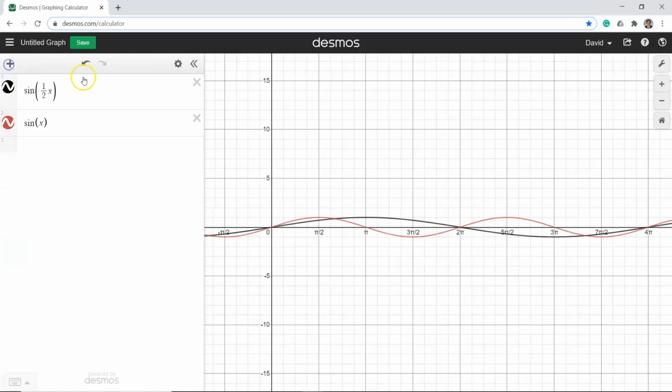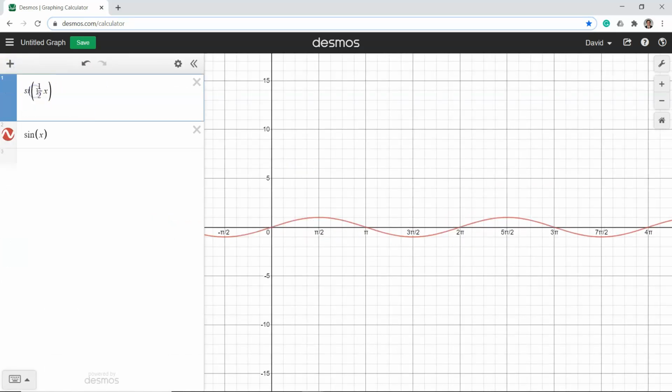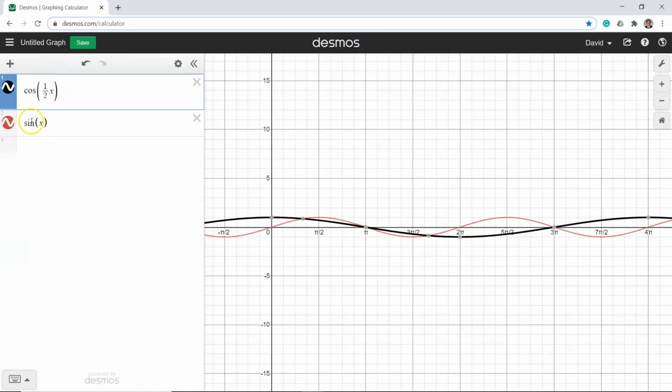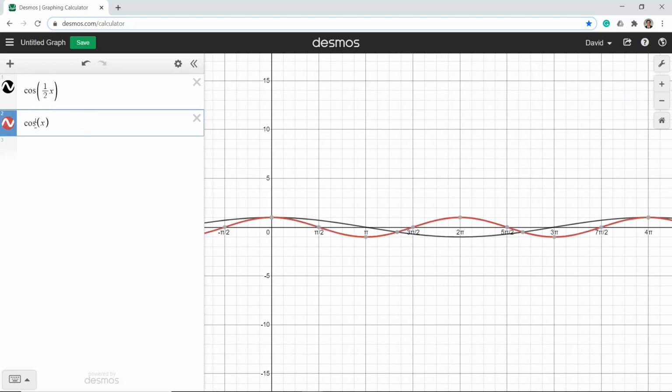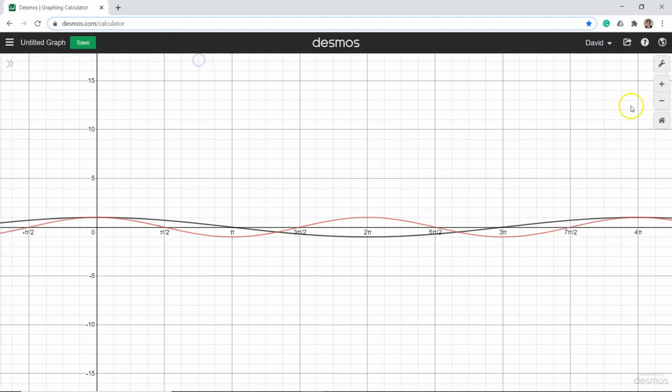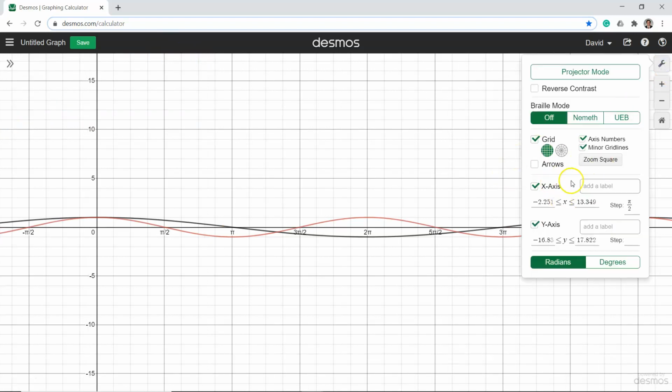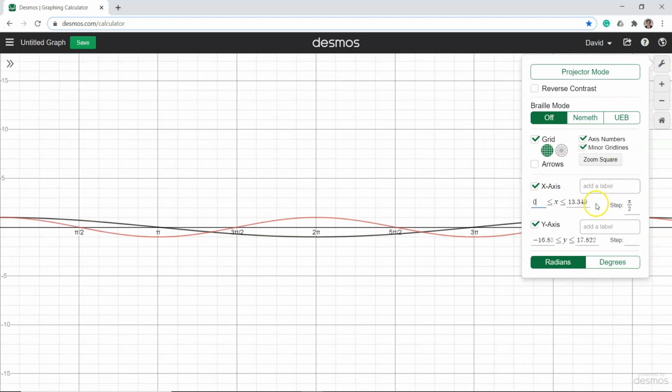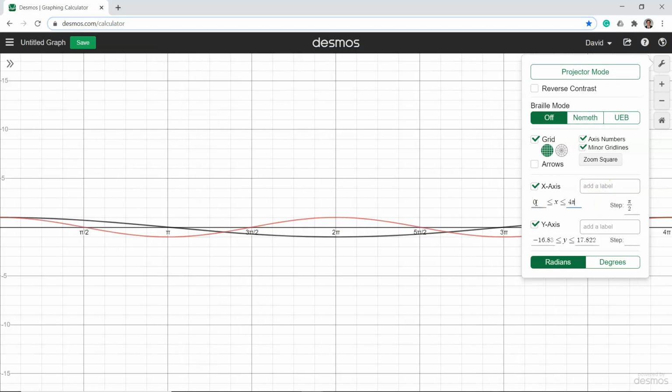Let me switch back to cosine to see if this makes it a little bit easier to see. I'm going to change my range from this to 0 and this time 4 pi.